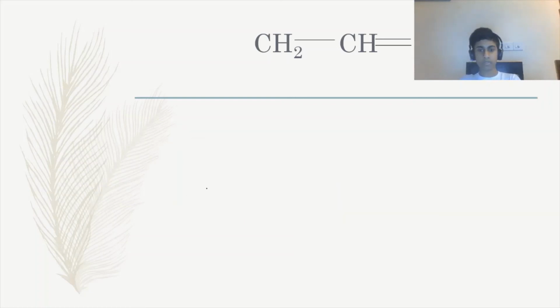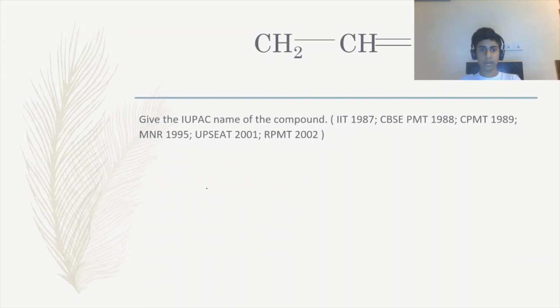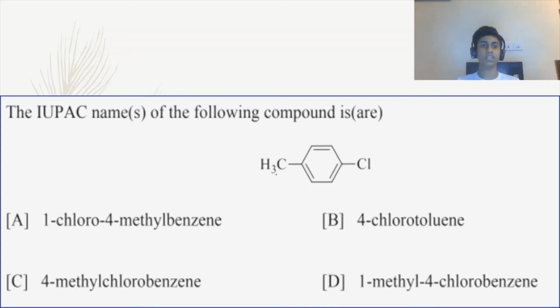One more thing is that this is actually a pretty famous medicine question. Now let's look at this one. The IUPAC name or names of the following compound is or are. We see that this is benzene. This depends on how we define this compound.